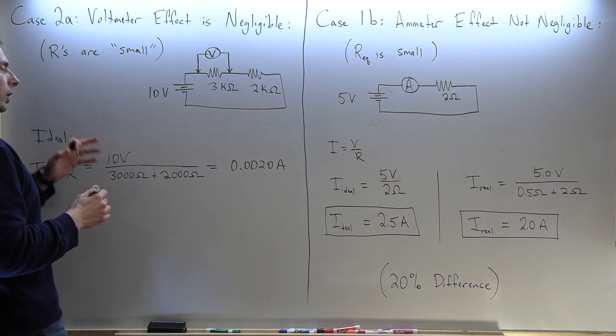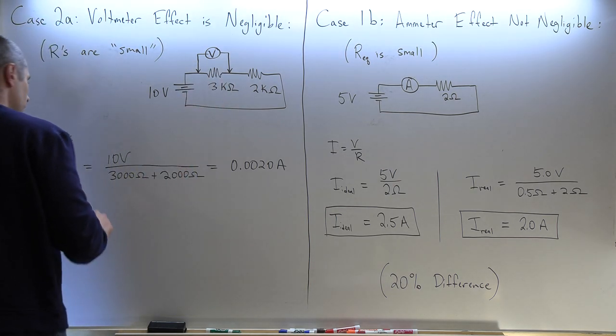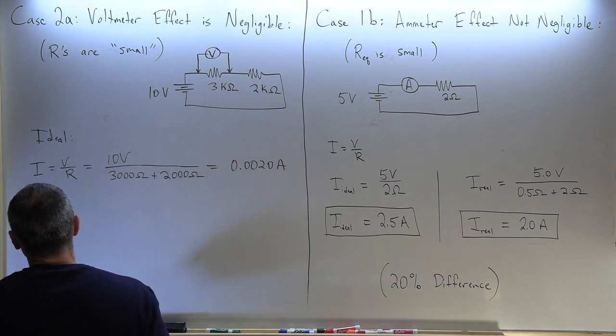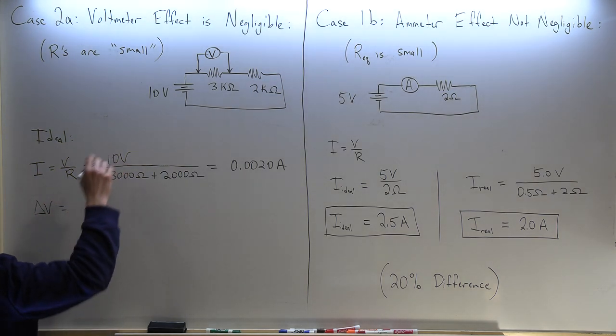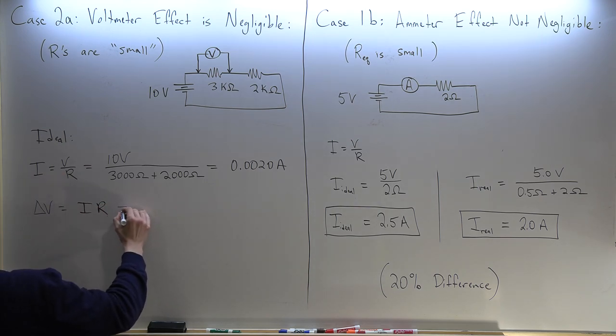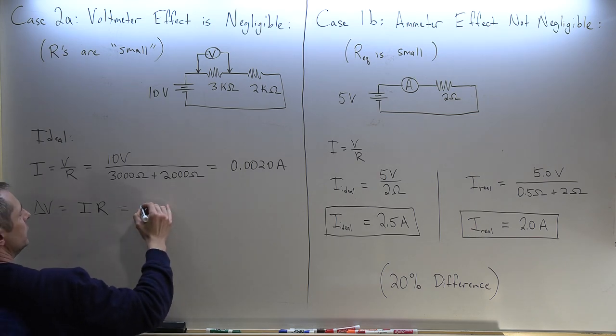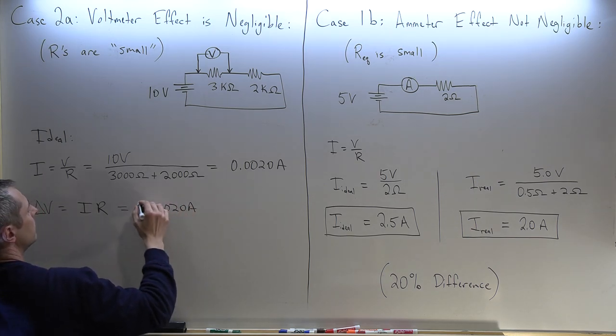Now, in series, this gets a part of the 10 volts. Once we have the total current, what we could do is calculate the voltage here by using Ohm's law again with that total current. And now we could say the delta V measured by that voltmeter will be IR, just rearranging Ohm's law. And the current is, as we just determined, 0.0020 amps.